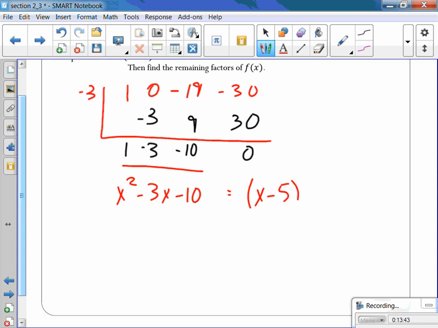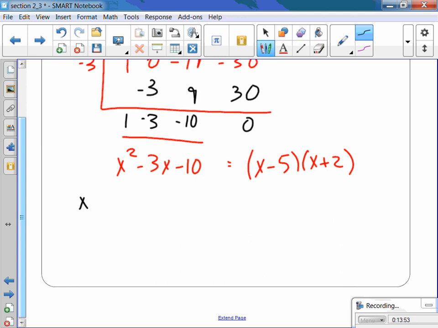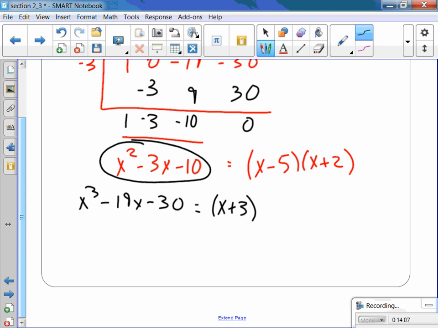So here we can see that what we started off with, x cubed minus 19x minus 30. Originally we had that x plus 3 as a factor, which then gave us x squared minus 3x minus 10, which we later determined was just x minus 5 times x plus 2.